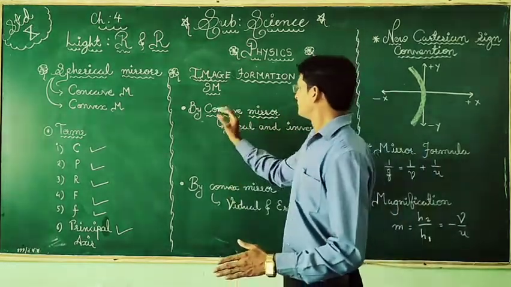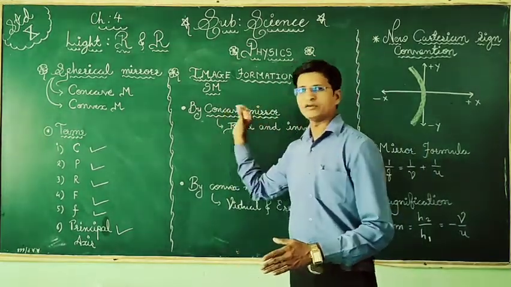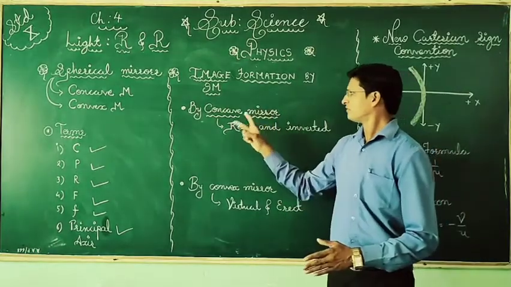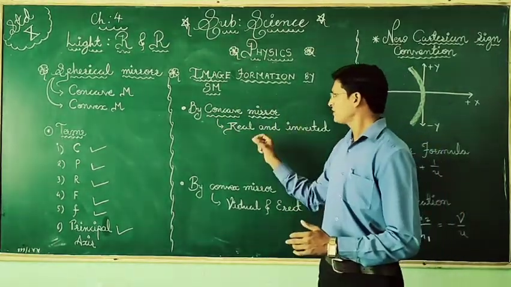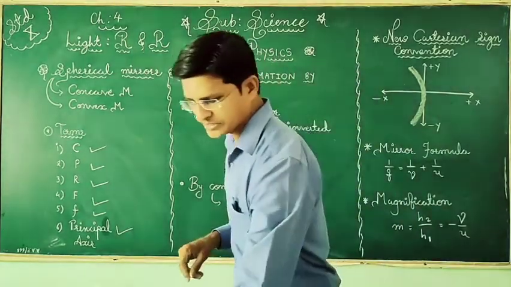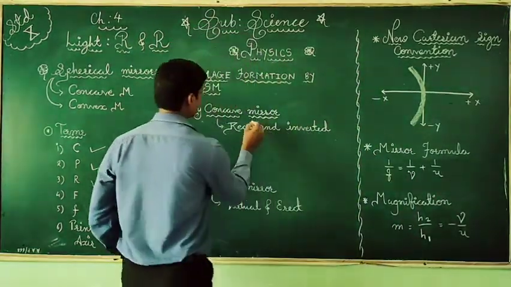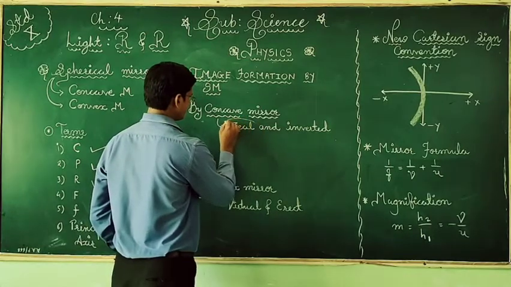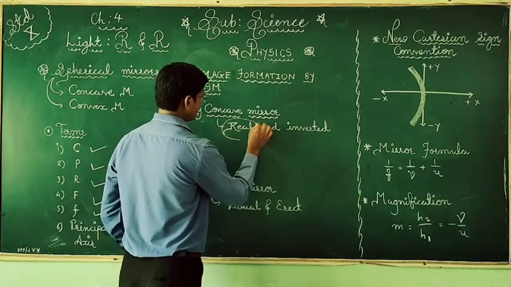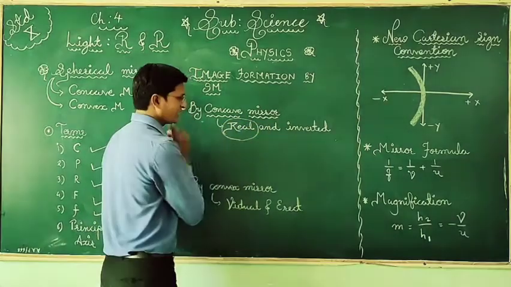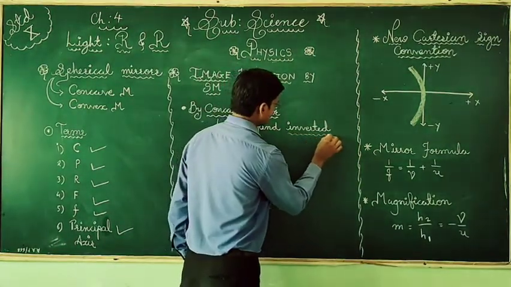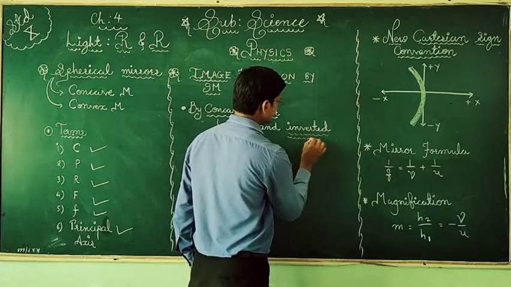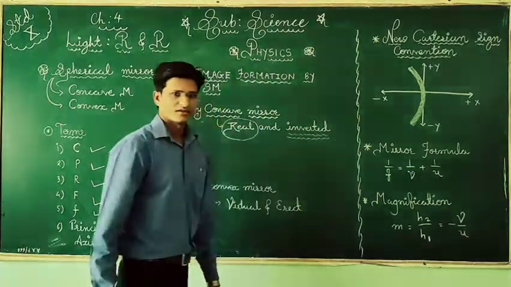So when we talk about spherical mirrors, we'll take the concave mirror first. In the concave mirror, first and foremost, it will form a real image, and the position of the image is inverted. Clear?